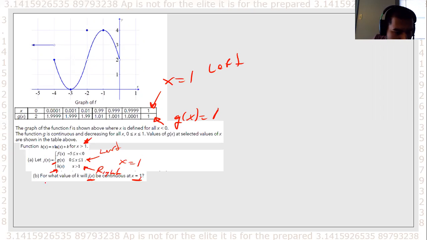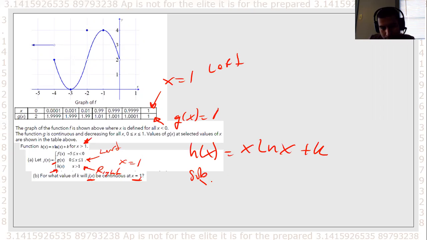Sorry, it's a little too small. Let me go ahead and write it. h of x equals x ln of x plus k. And we substitute x equals 1. So it's 1 times ln of 1 plus k. This is my right.